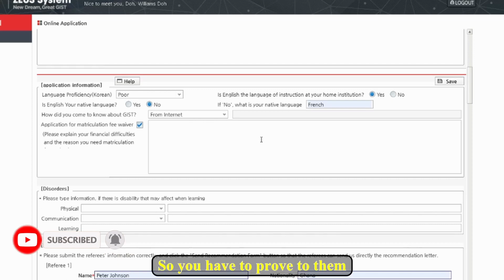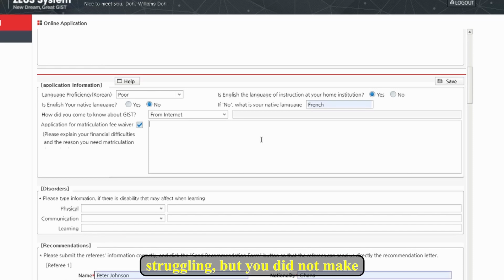So you have to prove to them that financially you were struggling, but you did not make it act as a disadvantage to you. It instead helped to motivate you to look for means to sustain yourself financially by doing some part-time jobs here and there to raise some money that was able to help you go through your studies.